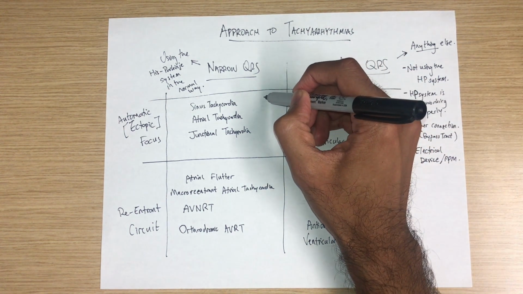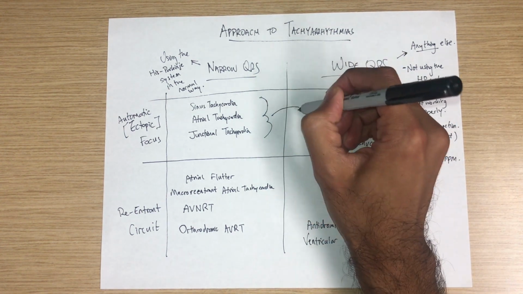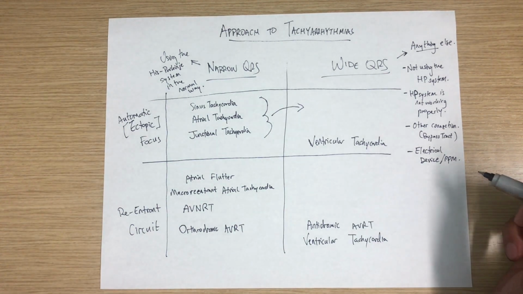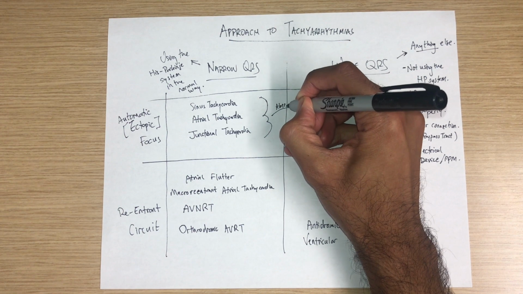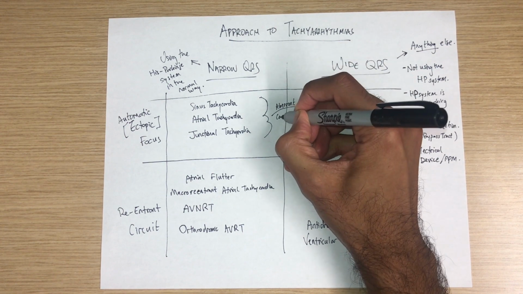So all of these could potentially exist in the wide QRS side if you have aberrant conduction between the atria and the ventricles.